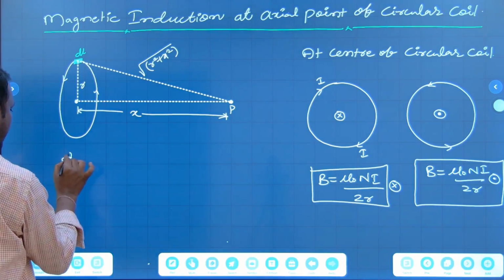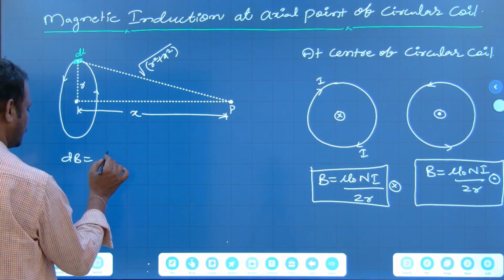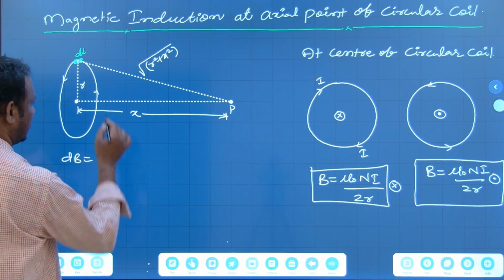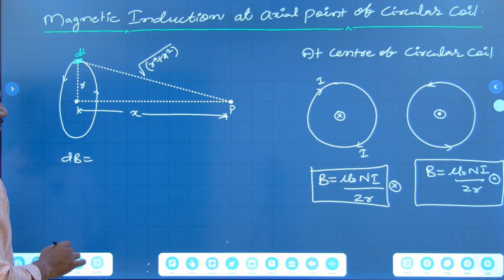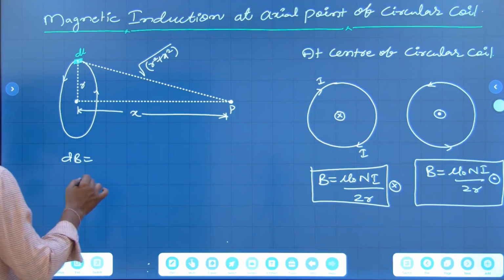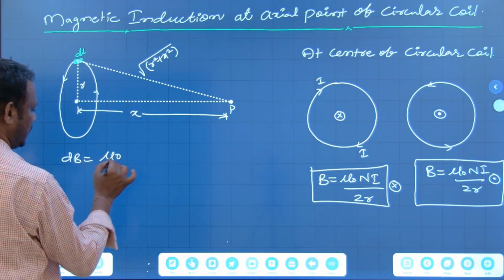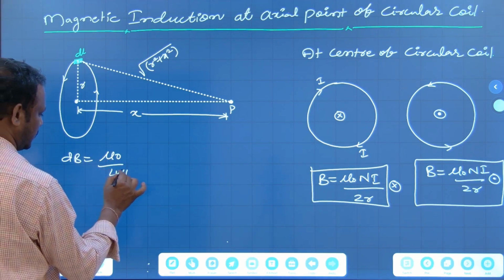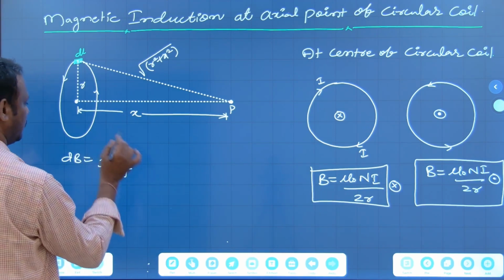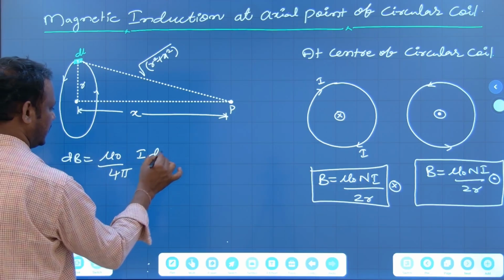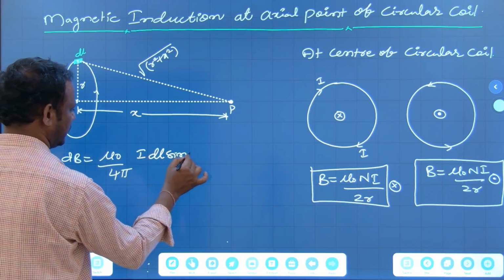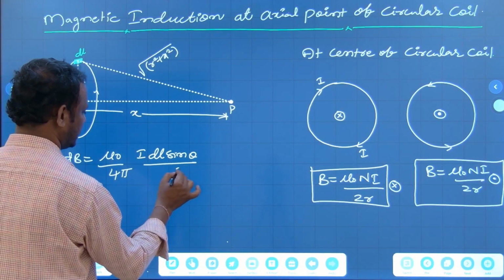So dB, the magnetic field induction, is equal to mu naught by 4 pi, I sin theta by r square, is the relation.